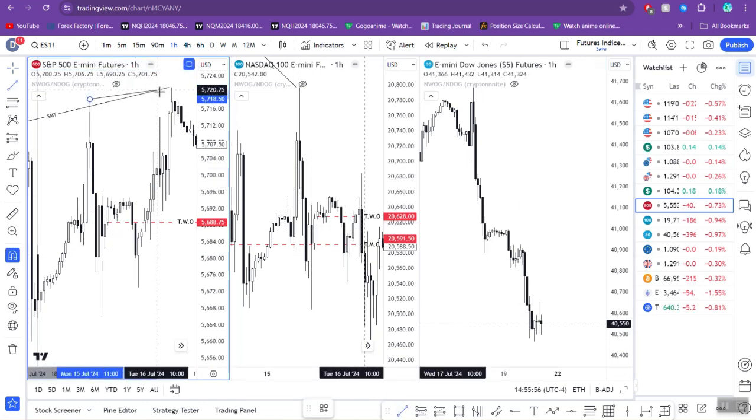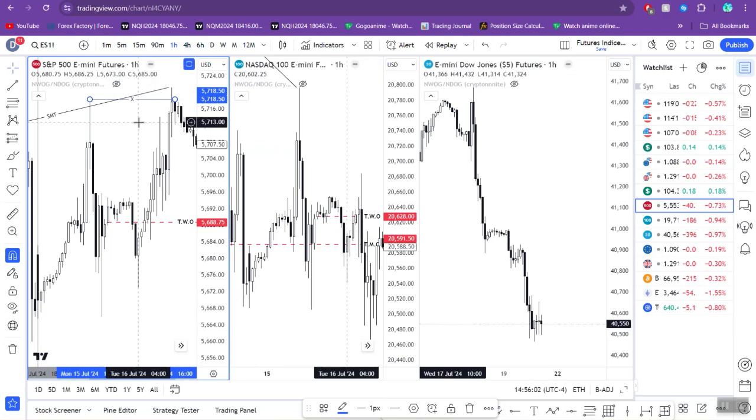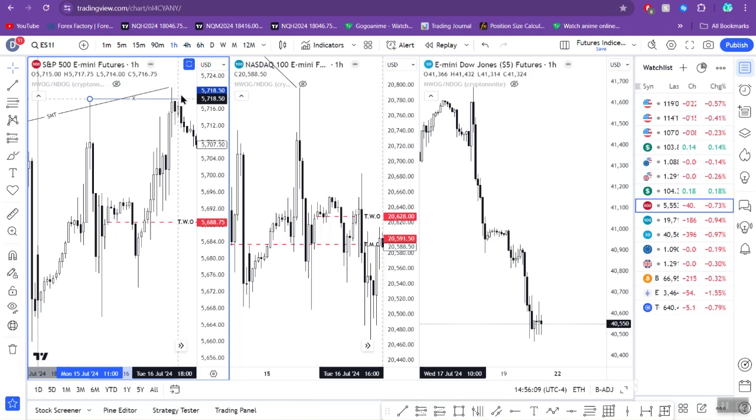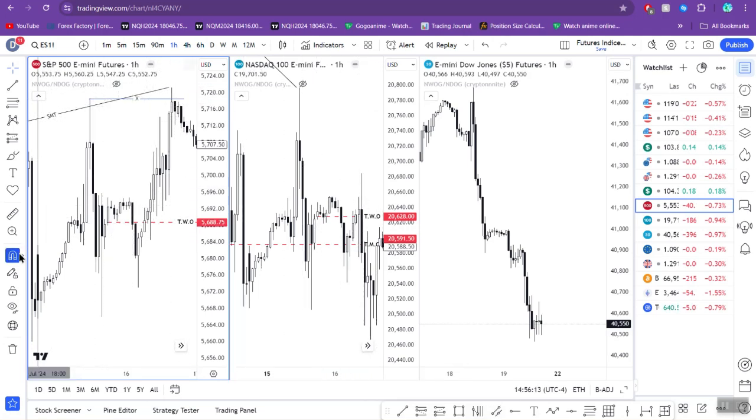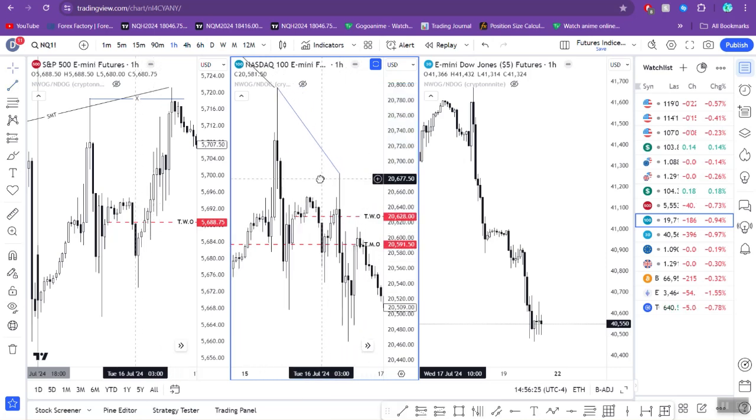So over here, we come here and we take out that liquidity over there. Monday's high, right? We take out Monday's high right there, right? But Monday's high is not taken out in NASDAQ.